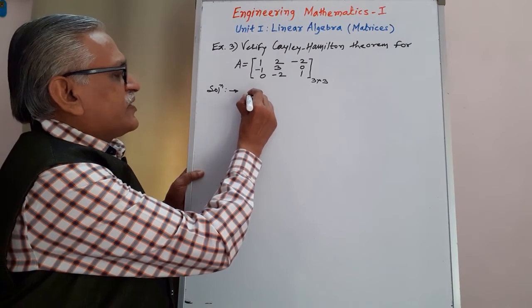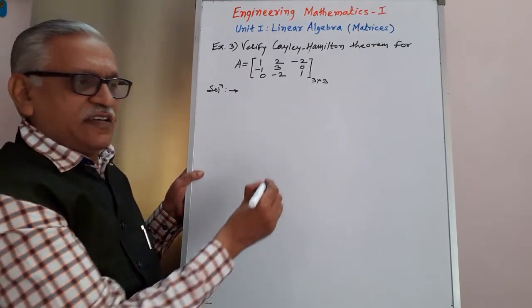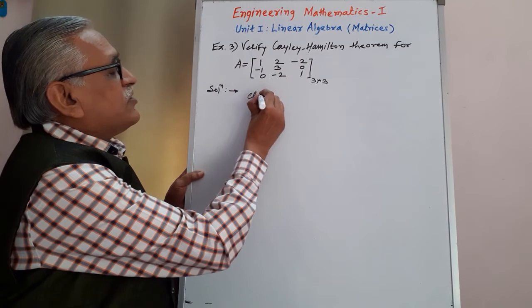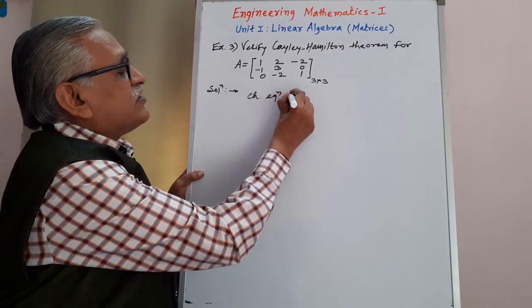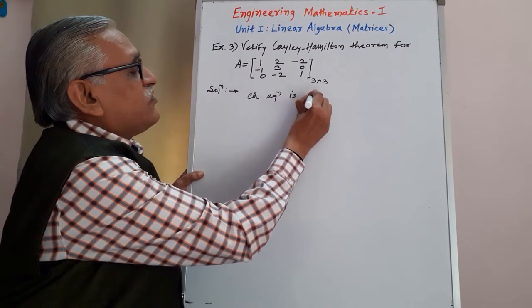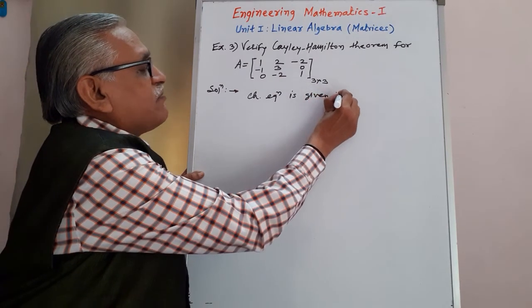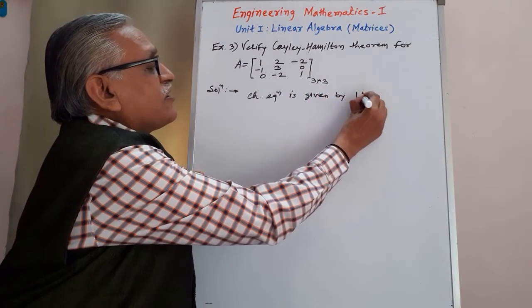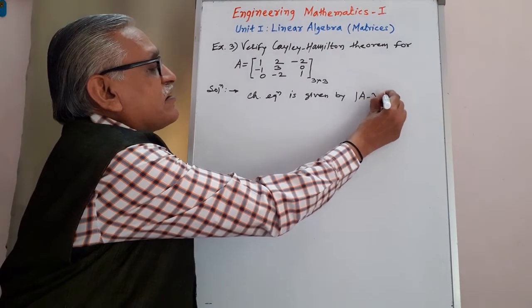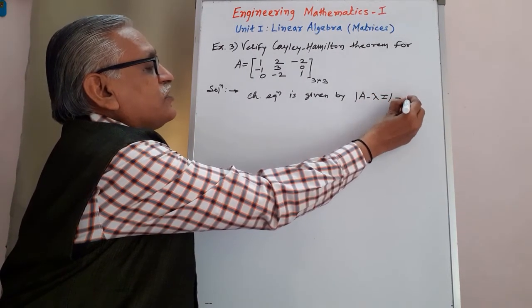First step, we require to find characteristic equation. Therefore, characteristic equation is obtained by determinant of A minus lambda I equals 0.